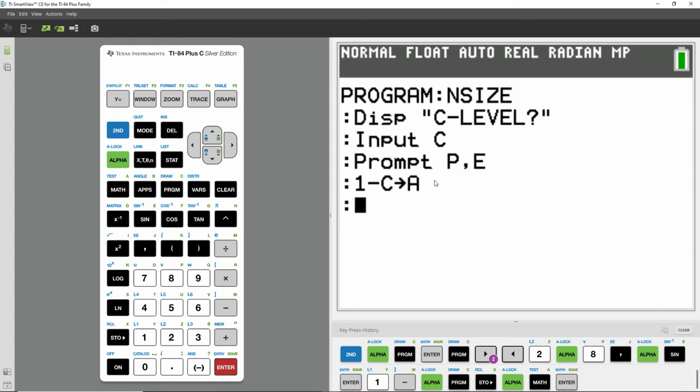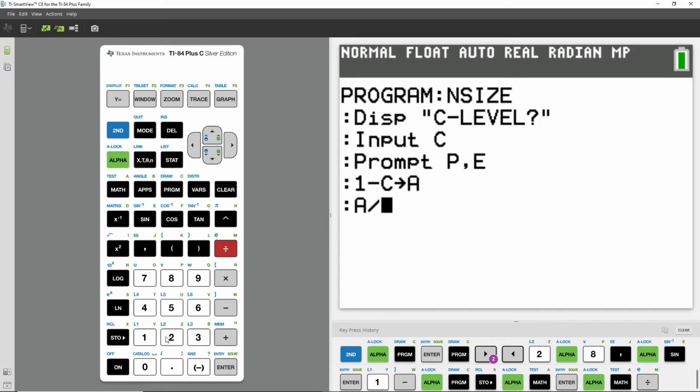Like for example, if it's 95, you got to enter in 0.95. We would subtract that. We would take alpha A over 2.